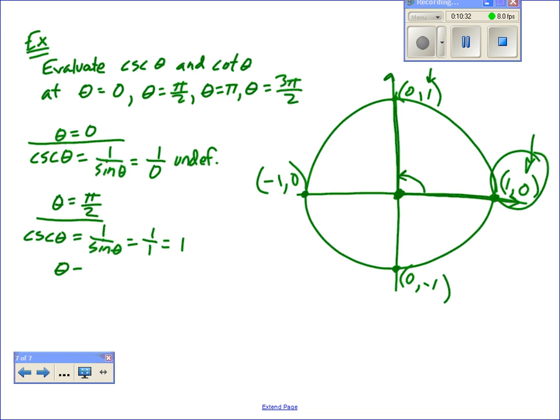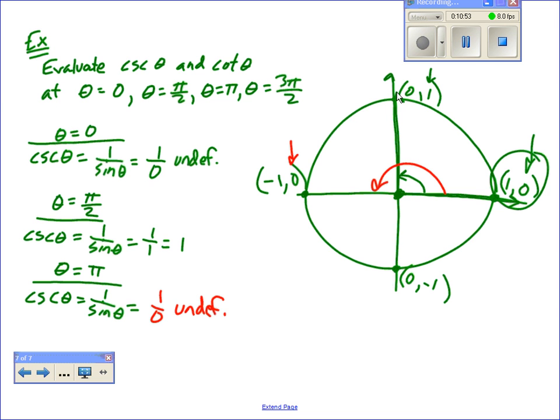What about if theta is pi? What's the y value at pi if I now rotate to here? 0. So 1 over 0. So again, I'm undefined here. The cosecant of pi is undefined.